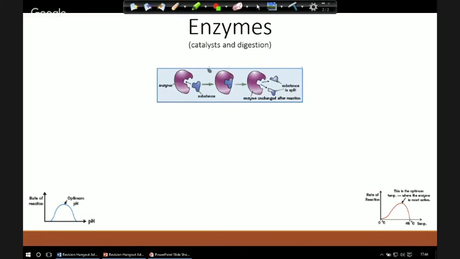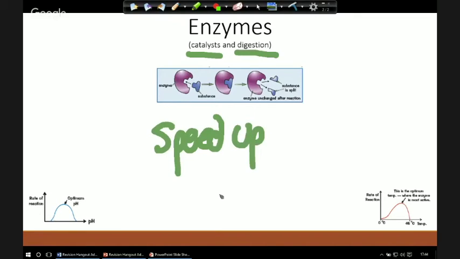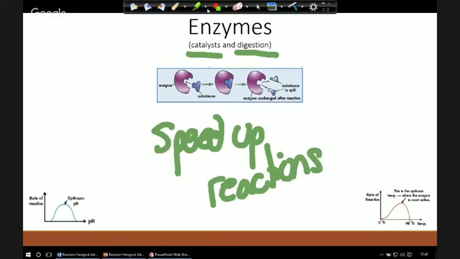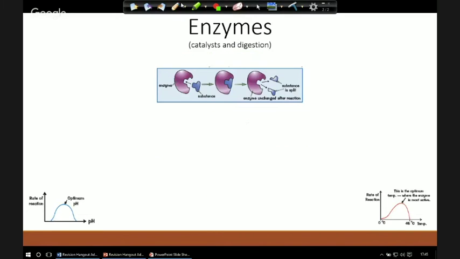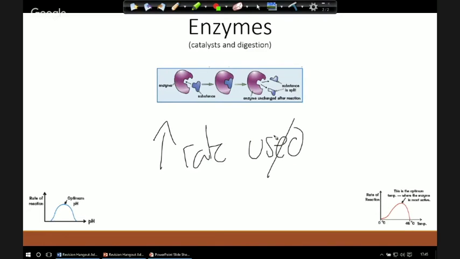So the very first part to know is the following. Enzymes are catalysts. They're biological catalysts. They speed up reactions. Now, specifically, like catalysts in chemistry, they don't get used up. So they increase the rate of reaction, but they're not used.